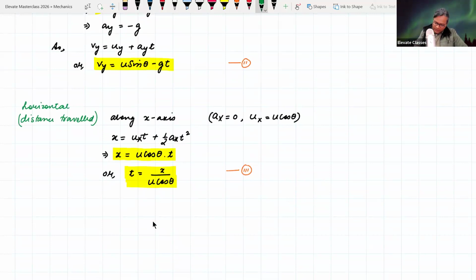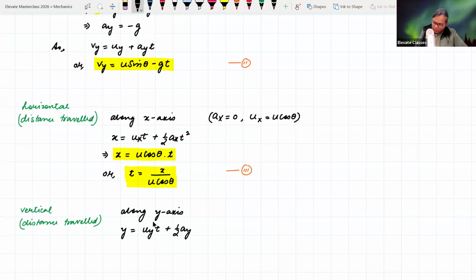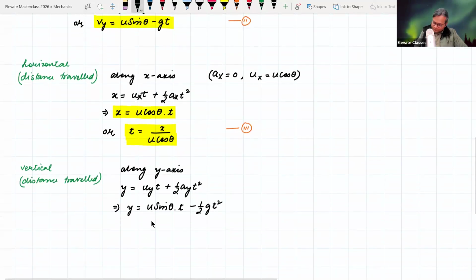Similarly, we can also calculate the vertical distance. So for the vertical distance we can have, along the y-axis, y is equal to uyt plus half ayt square, or y is equal to u sin theta times t minus half g t square, basically this is what you have.